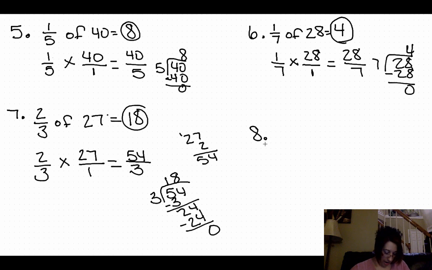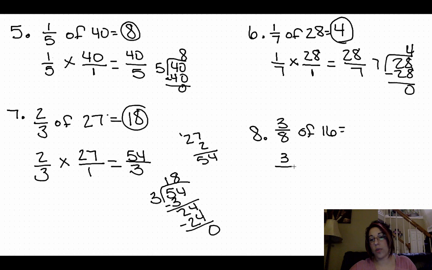For number 8, let's look at 3/8 of 16. So 3/8 is already a fraction, of we turn into multiplication. 16 we make into a fraction.